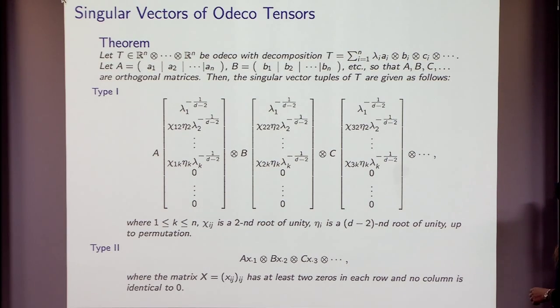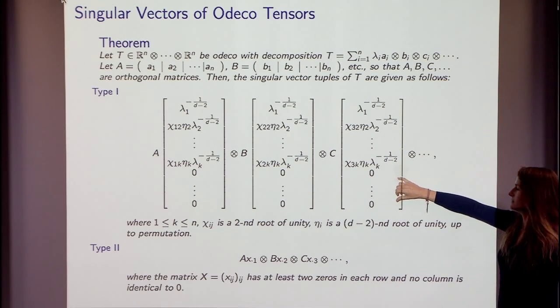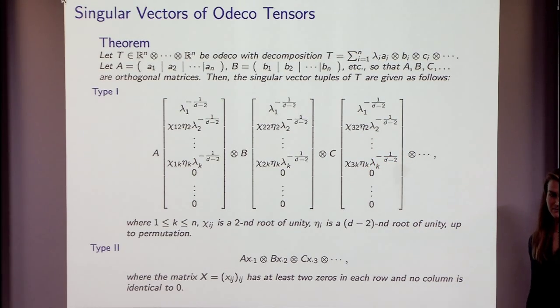Okay? And so there are two types of singular vectors. One type is basically exactly the same as what we had in the symmetric case, except it's not symmetric. So we have k non-zero entries, and then n minus k zeros, and then we have some roots of unity here, and then the coefficients lambda_1 through lambda_k to some power.